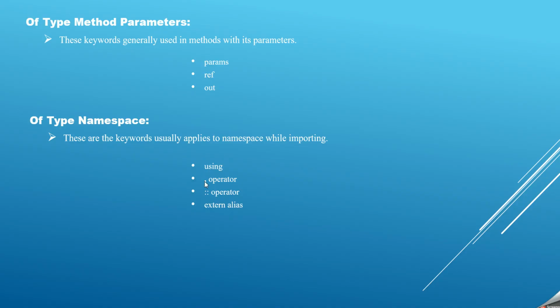Next, the dot operator and here you can see the double colon operator. The dot operator is also used in a namespace sometimes, like a namespace can contain others, for example System.Text. Let me show you how System.Text works; we will discuss all these things in extension, no need to worry about it.